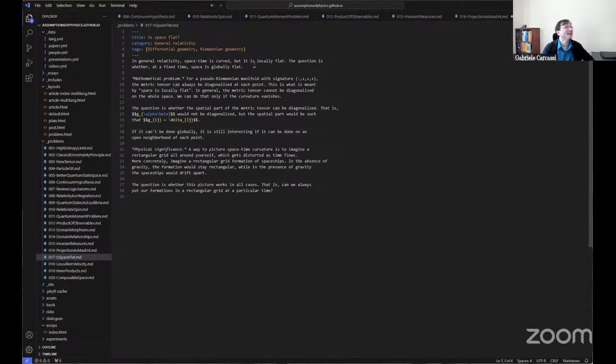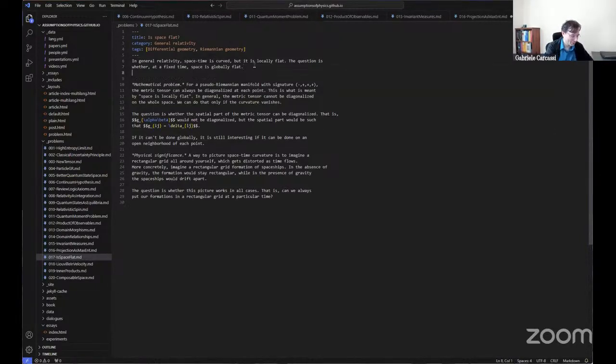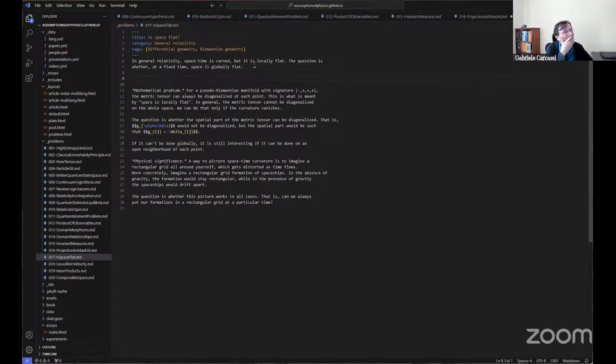I do not know. I'll make a note to see if I can find that paper, because it should be added here. Find the paper about flatness. I think it was a philosopher that actually gave me the paper.